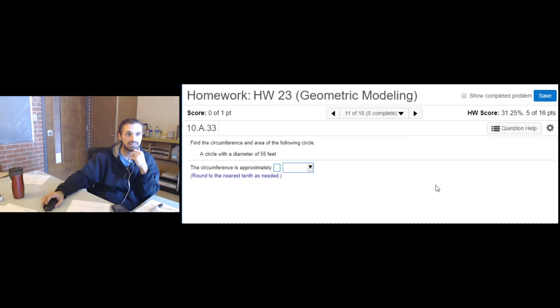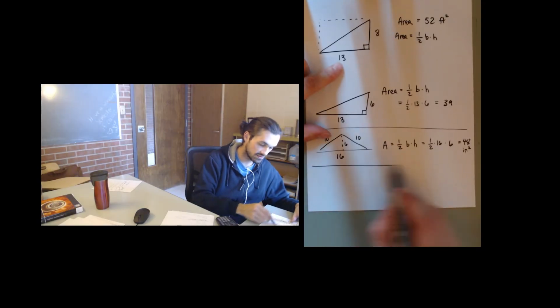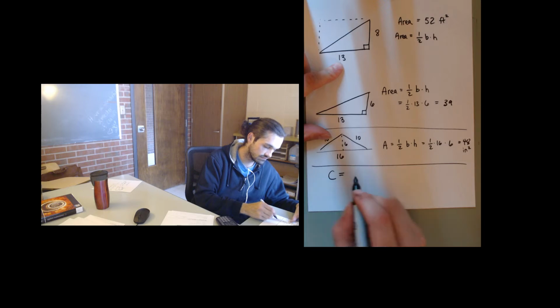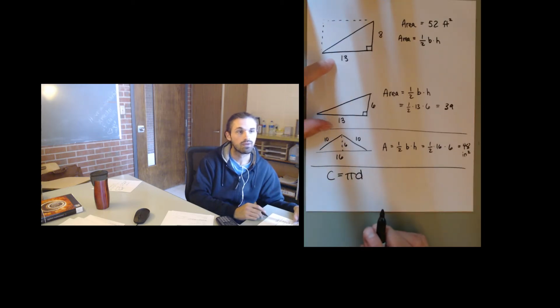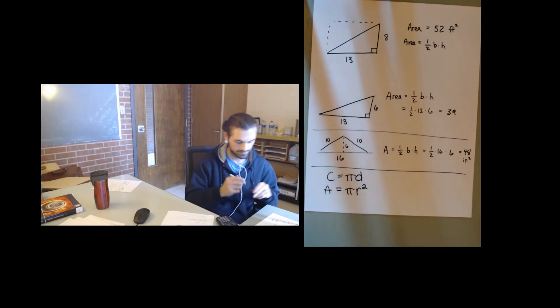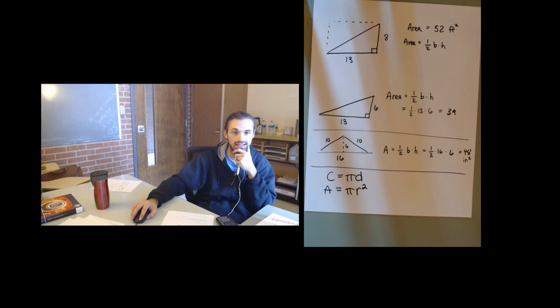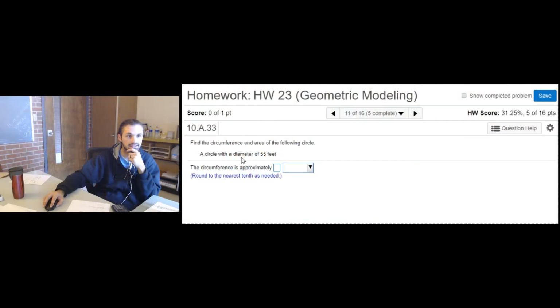Find the circumference and area of the following circle. So recall that circumference of a circle is pi times the diameter, and the area of a circle is pi r squared. So in this example, they give us the diameter.